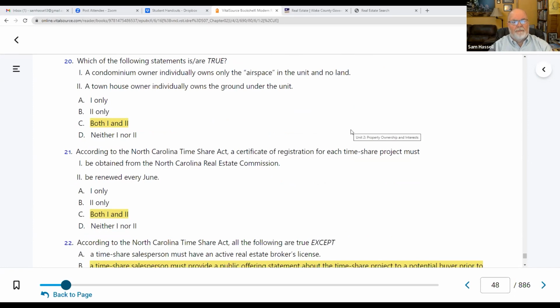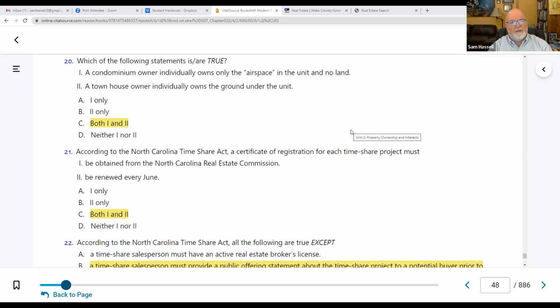Number 20. Which of the following statements is or are true? Number 1, a condominium owner individually owns only the airspace in the unit and no land. You all know what condo ownership is, right? We don't own land. Only in townhomes we do, but not in condos. We own airspace, right?